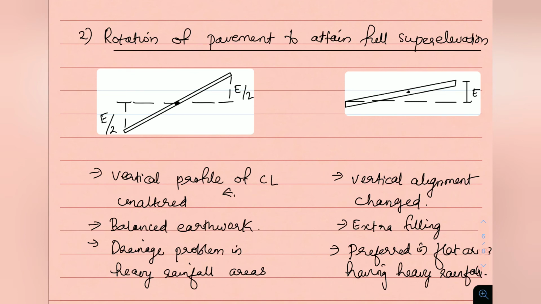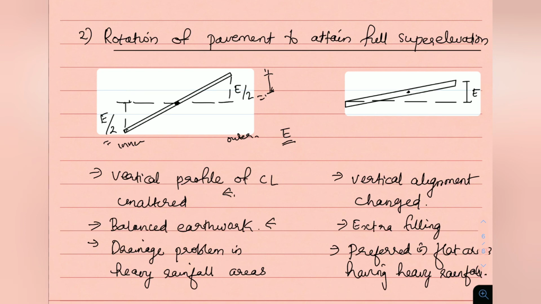If capital E is the total super elevation, then in the inner portion we are cutting, and in the outer portion we are filling. Cutting and filling will be equal because this value is e by 2 and this value is e by 2. So balanced earthwork will be there.